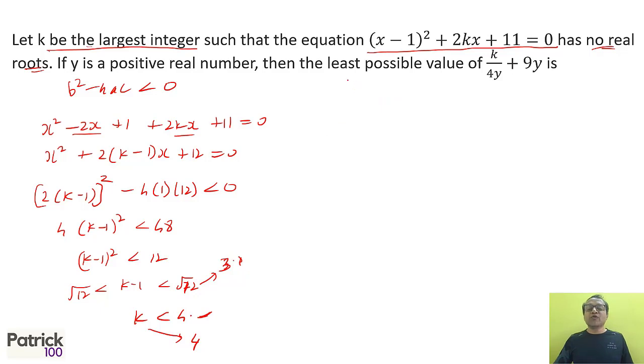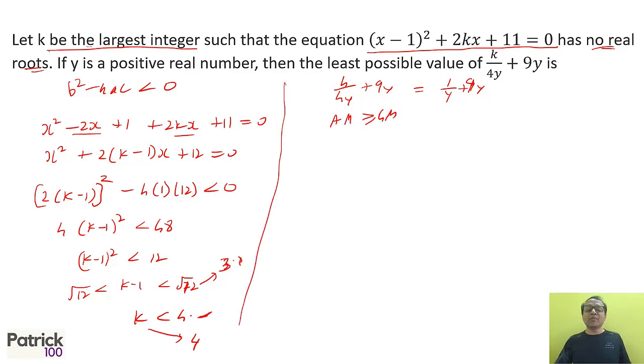Substitute here. So you get 4 upon 4y plus 9y. You want the least possible value. This is nothing but 1 upon y plus 9y. Since you want the least possible value, you can take the property AM is more than or equal to GM, the arithmetic mean of two numbers is more than or equal to the geometric mean.